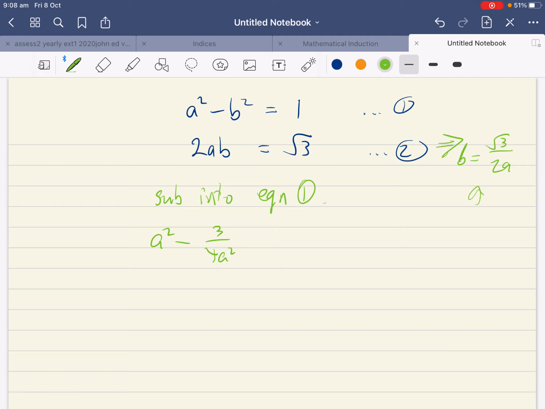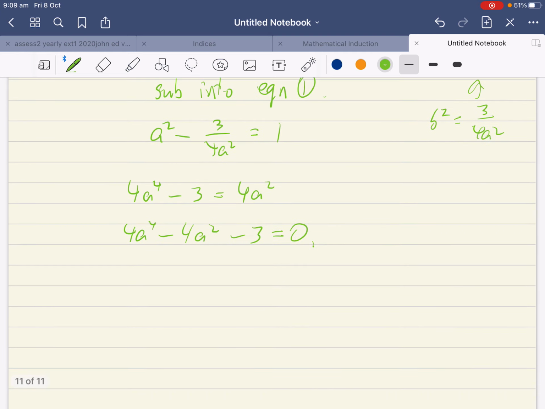Hopefully you can see I've just squared this here. And that's equal to 1. And we just go ahead and solve this equation. So 4a to the 4 minus 4a squared minus 3 is equal to 0.